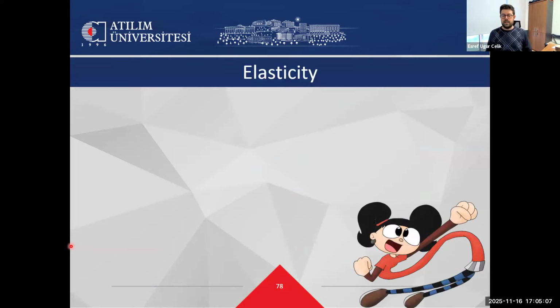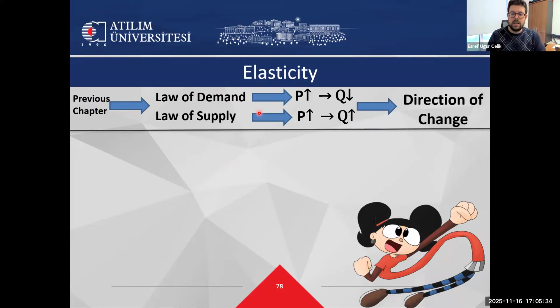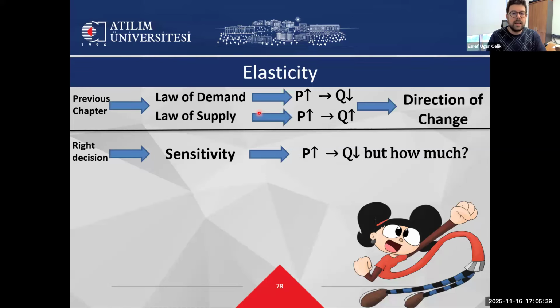The last two question types. The first one is elasticity. In the previous chapter, we saw the relationship between price and quantity by looking at the law of demand and law of supply, but we cannot understand how much it can react. To understand how much they react to these changes, we can do a sensitivity analysis, and this is called elasticity.